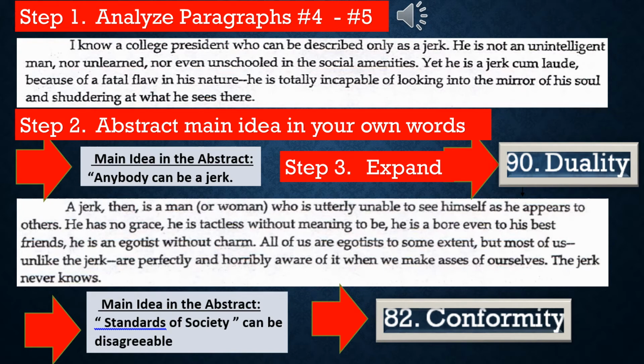And then we want to expand those to further review the abstract concepts of 90 duality and 82 conformity in paragraphs 4 and 5 as we continue to construct our own graphic organizer of abstract concepts.